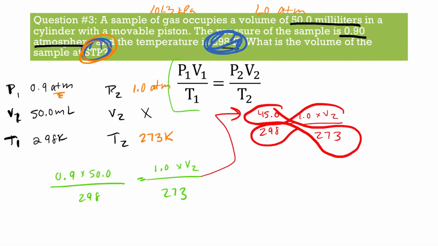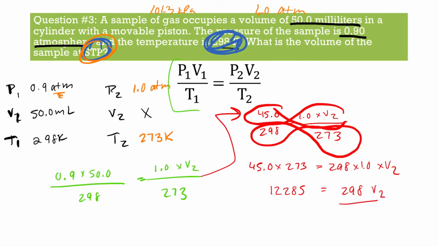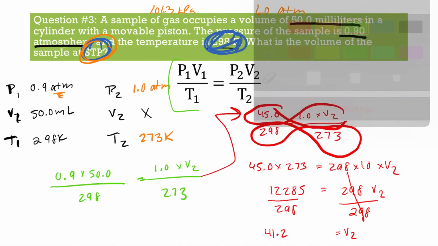Again, we're going to cross multiply. And so you get 45 times 273 equals 298 times 1 times V2. So if we simplify that a little bit, 12285 equals 298 times V2. So now we want to get V2 by itself. Divide both sides by 298. That magically goes away. And then we are left with 41.2. And that is V2.